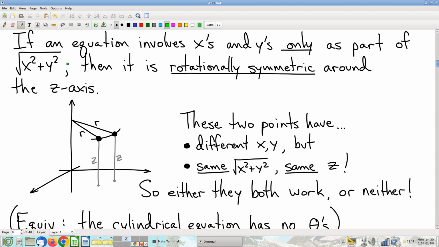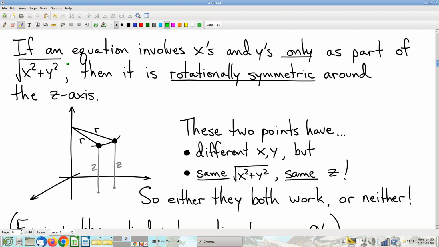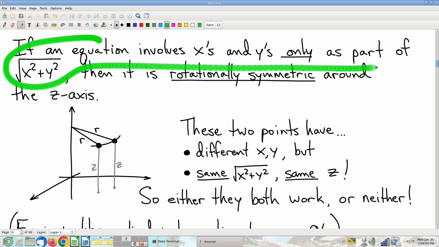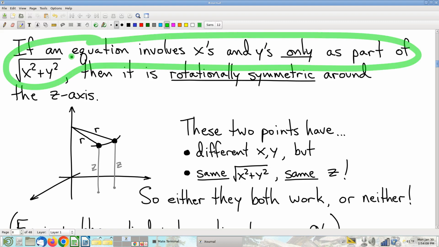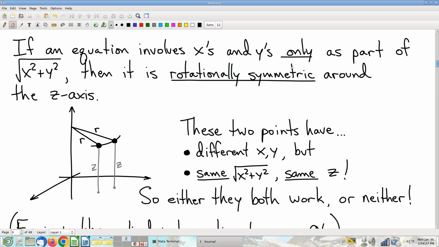So specifically, if your equation involves x's and y's only, very importantly, only as part of this expression, the square root of x squared plus y squared, if that is the only way that x and y show up in your equation, then we get a very powerful conclusion.